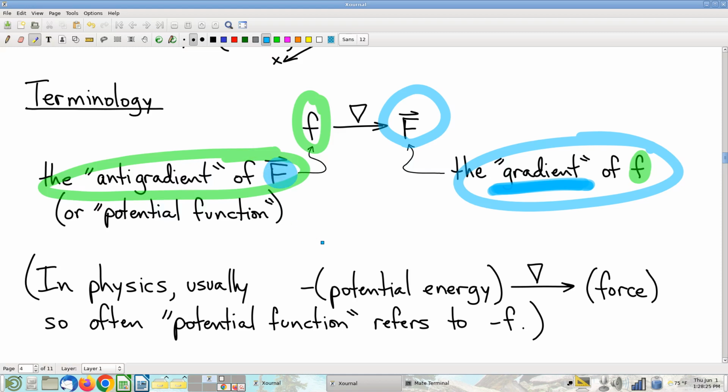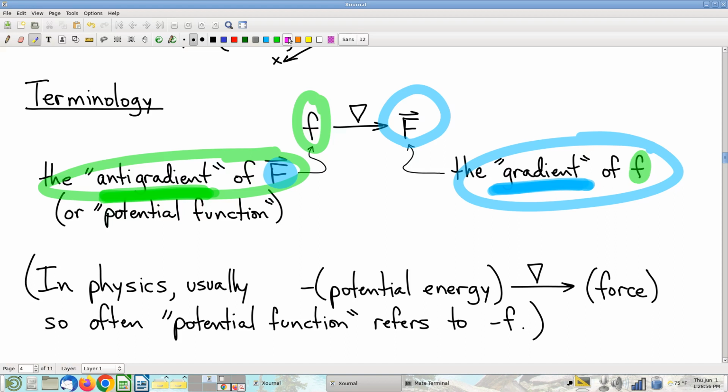Now, I'm stealing shamelessly here from single variable calculus. Think back to single variable calculus, where we talked about derivatives, and then somebody brought up the idea of an antiderivative. That's just where the derivative came from. It's going backwards, if you will. It's undoing the derivative. So I'm ripping off the same idea here.